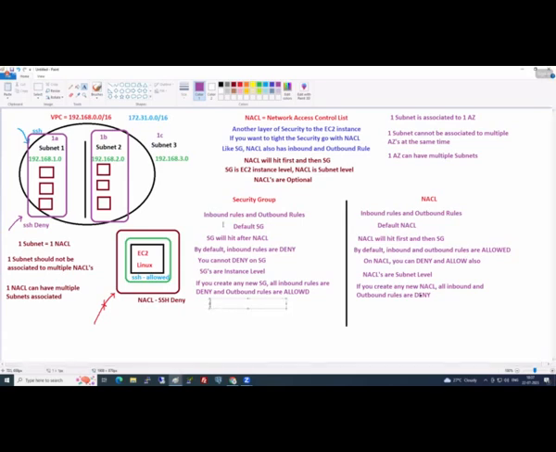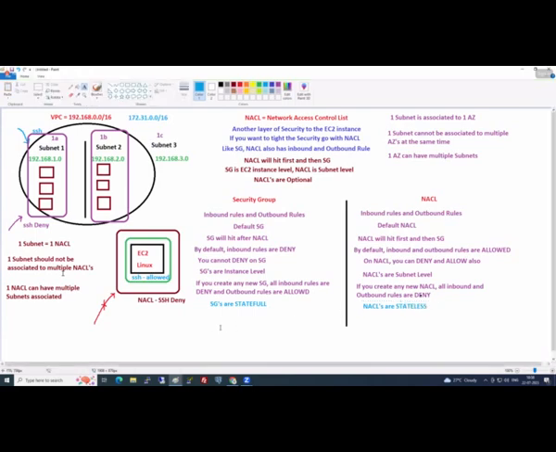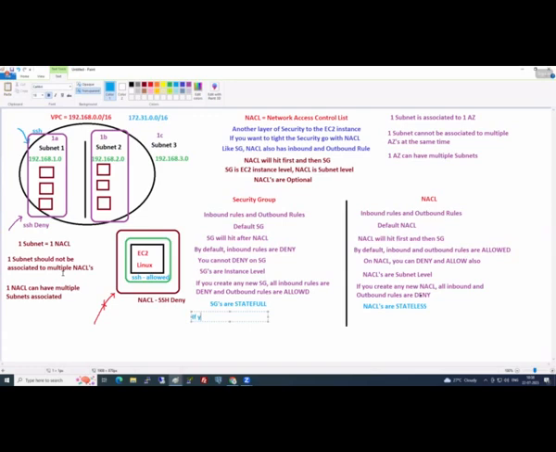Security groups are stateful, NACLs are stateless. Stateful means if you allow any inbound rule, you don't need to allow it on the outbound rules.